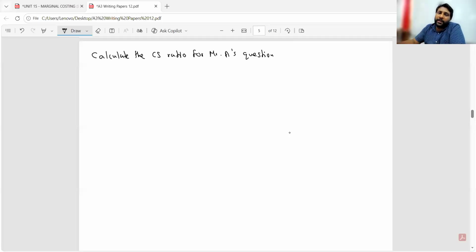From the sales, if you deduct only the variable cost, what's the net benefit that you are getting? That is the contribution.